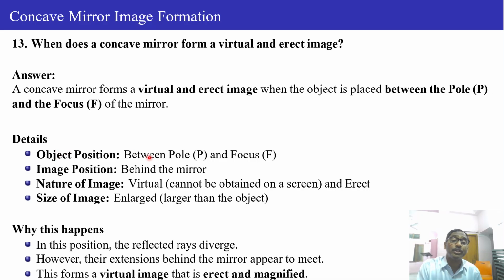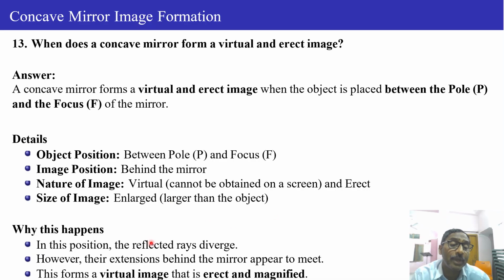Details: object position between pole and focus, image position behind the mirror. Nature of image virtual, cannot be obtained on a screen, and it is erect image. Size of image enlarged, larger than the object.